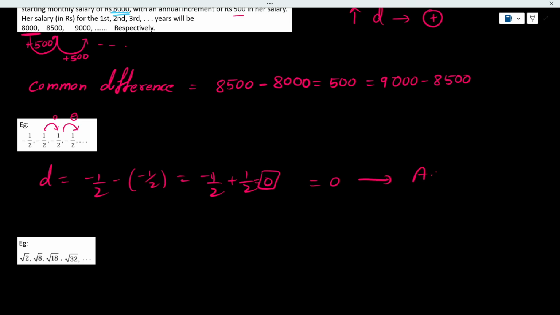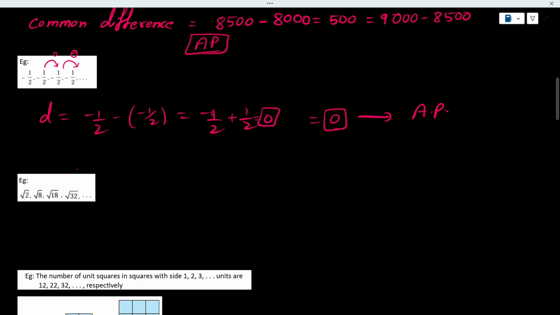It is still an AP, right? Whether the common difference is fixed other than 0 or the common difference is 0, it is called an arithmetic progression. Now there can be root values. Initially you may say it is not an AP, but you need to simplify.